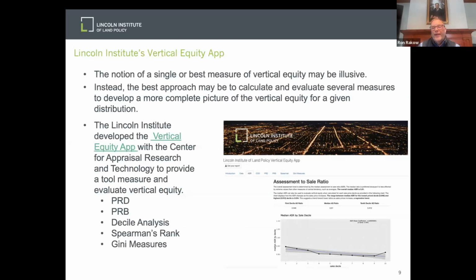The IAAO recently had a statistical measures task force that looked at all of the measures that we talked about here and some others as well, and they came to that same conclusion. So that's the approach that we've taken in the app. We provide you not only with all the measures indicated here, the PRD, the PRB, Spearman's rank, and Gini measures, we also provide a decile analysis.